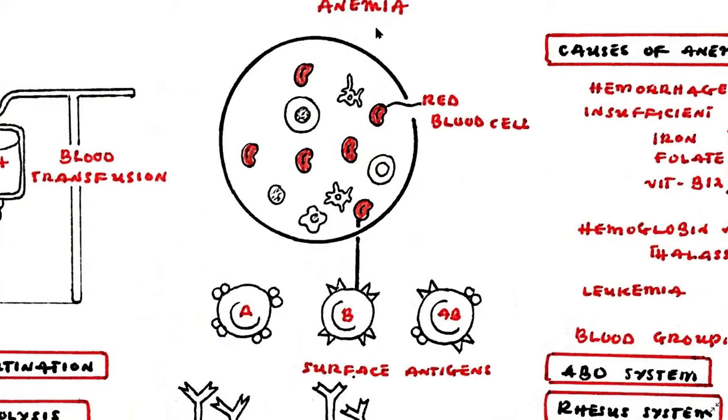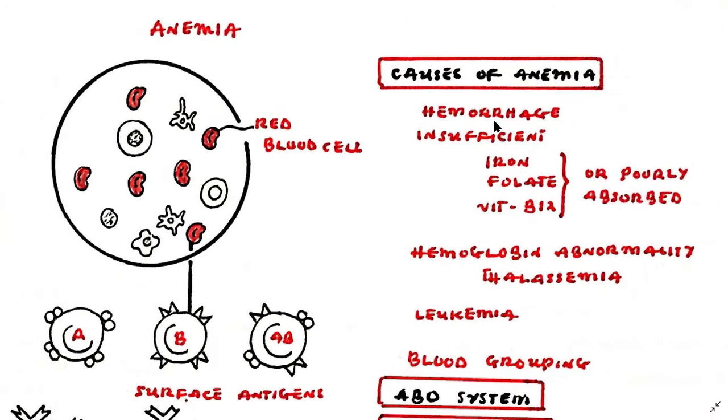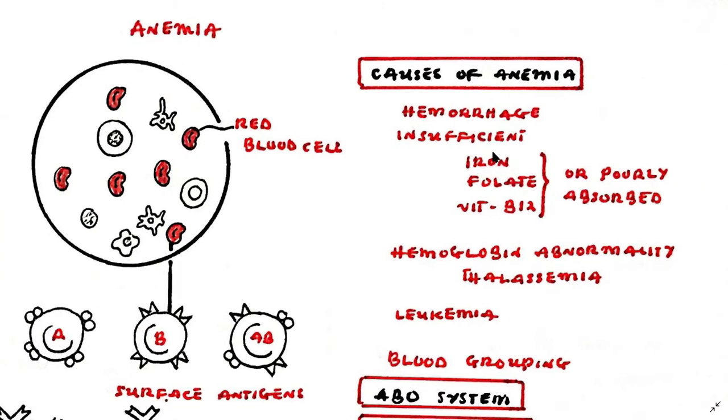An inadequate amount of red cells and hemoglobin is called anemia. This is commonly a result of hemorrhage, for example in heavy menstruation, but also occurs when the diet contains insufficient iron, folate, or vitamin B12, or they are poorly absorbed in the gut.